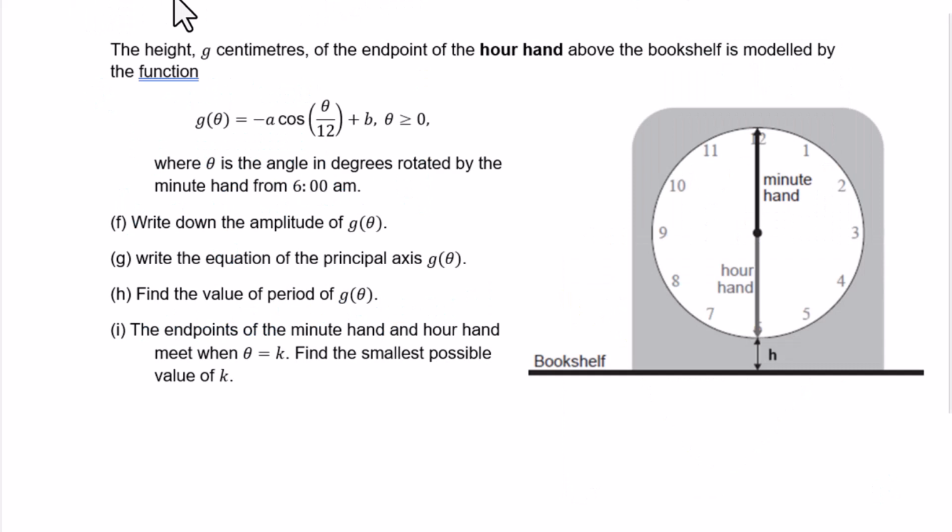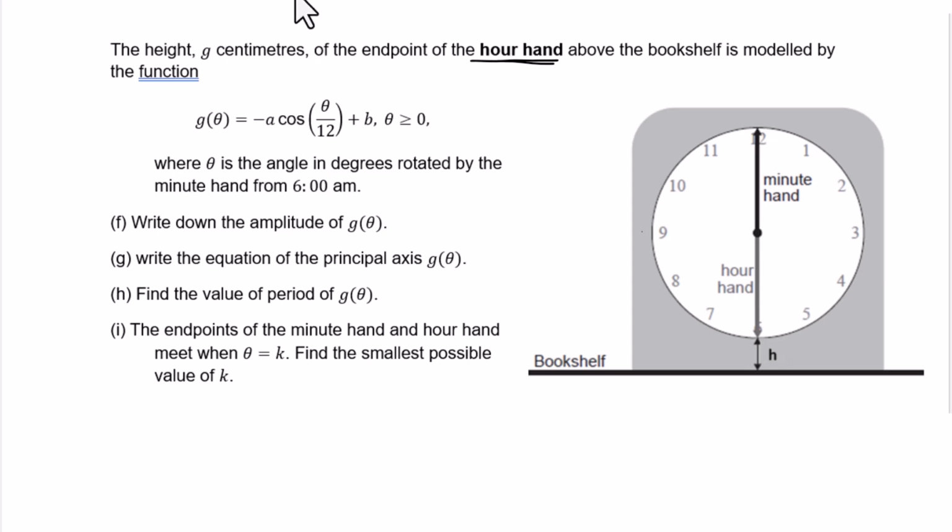The height g centimeters of the endpoint of the hour hand above the bookshelf is modeled by the function g of theta equals negative a cosine theta over 12 plus b, where theta is the angle in degrees rotated by the minute hand from 6 a.m. Write down the amplitude of g of theta.